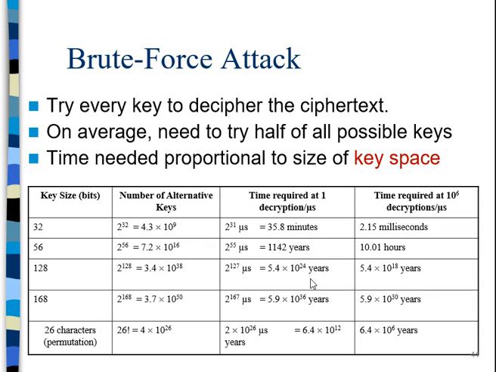Here in this table, you can see some examples. For instance, for a key size of 32 bits, the number of alternative keys is 2 power 32.